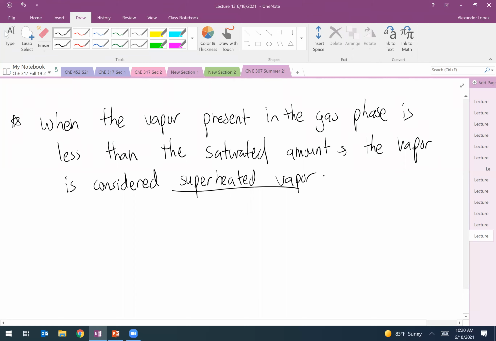And so for a superheated vapor, there is less vapor than what would exist in a saturated state. And so what can typically be done to make it saturated is you can cool that vapor, which is why a lot of times we consider it superheated.